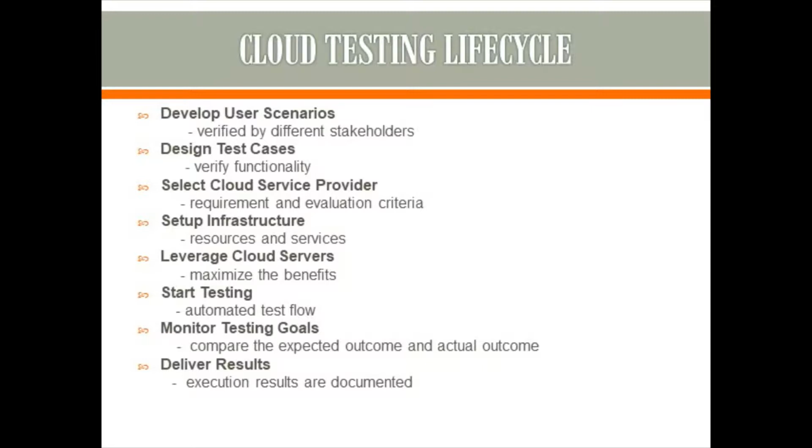Well, after the test execution is done, the next phase is monitor testing goals. In this phase, the testing team will be comparing the expected outcome with the actual outcome, and it will make sure if any extra testing is required, or whether we need to circle back with the developers with the gaps that are there.